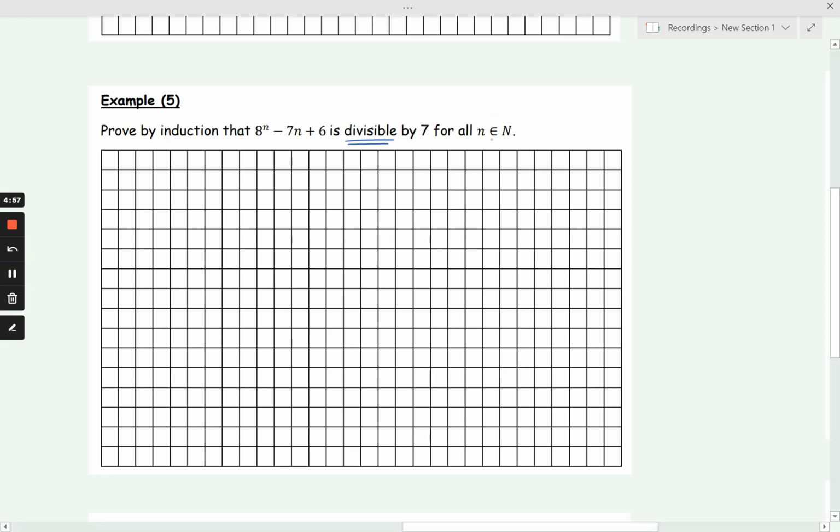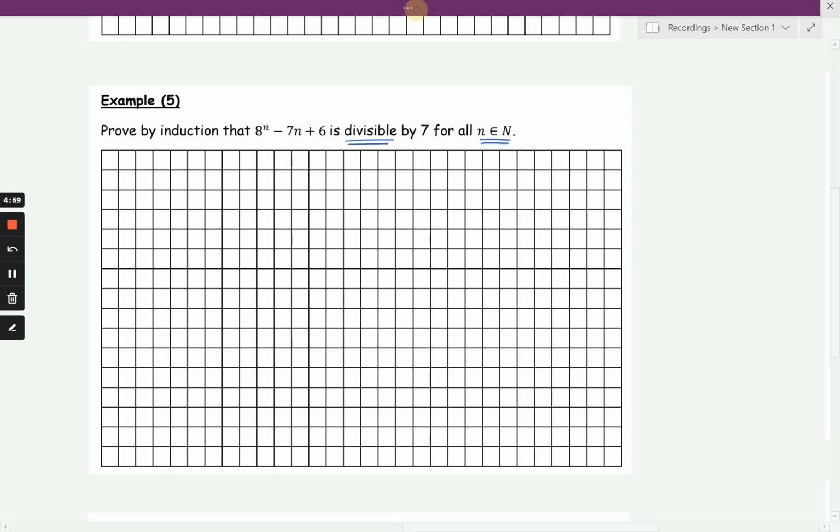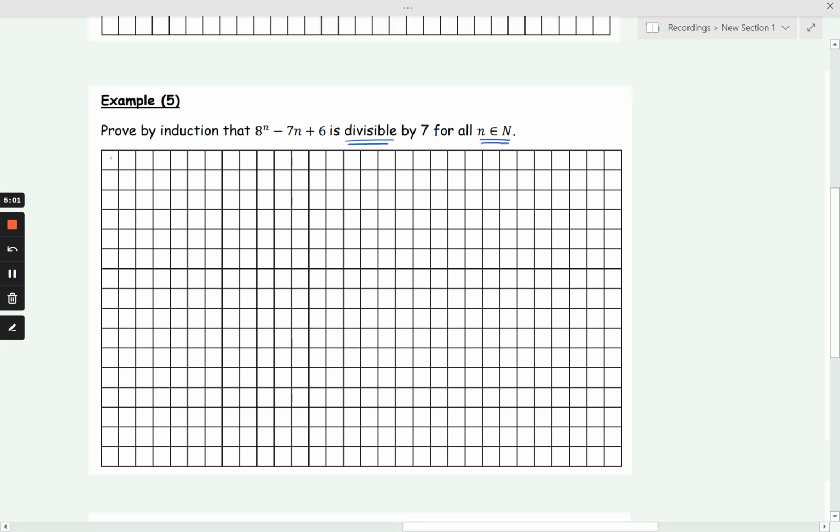And it tells me for all n is an element of N, so I know I'm looking at my natural numbers again. So for induction, again, we always start with the steps. So step 1 is we're going to prove true for n is equal to 1, which means I'm going to take the expression given in the question and I'm going to sub in 1 for n.